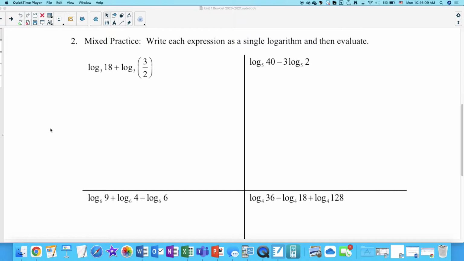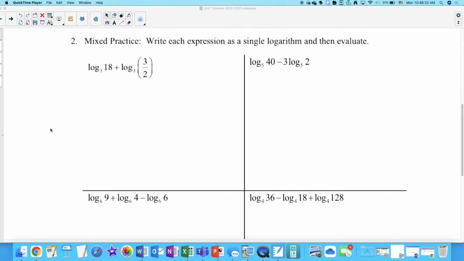And so when you are applying your log laws, what you want to do is scan the question and see if there is going to be a power law involved. The way you can tell is if there's a number written in front of the logarithm. If you see a number written in front of the logarithm, you have to apply that power law.